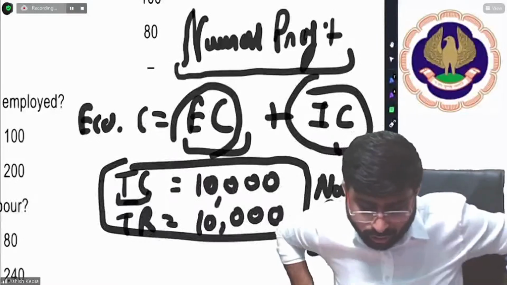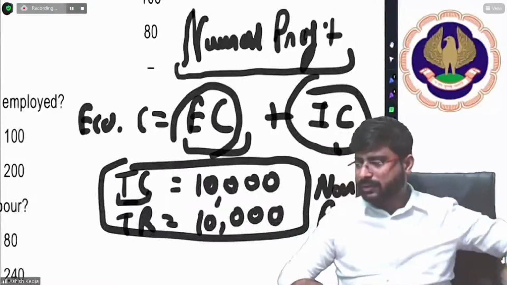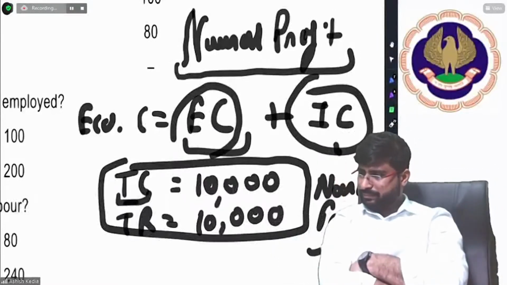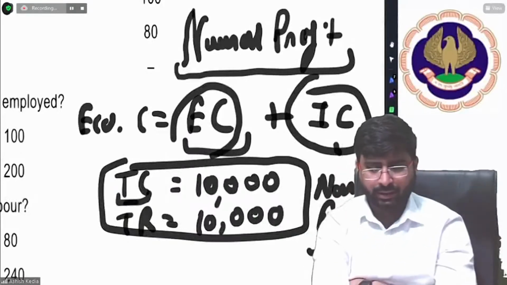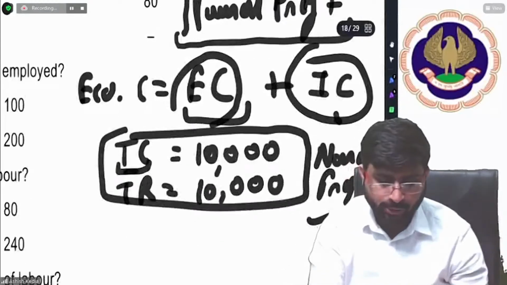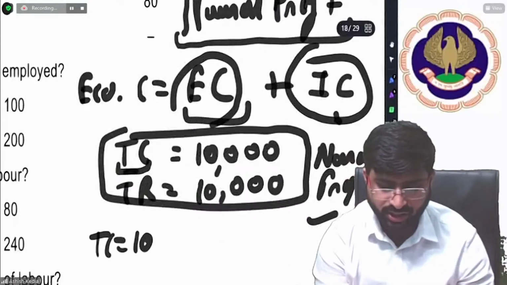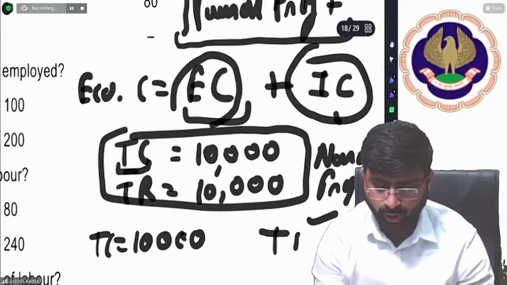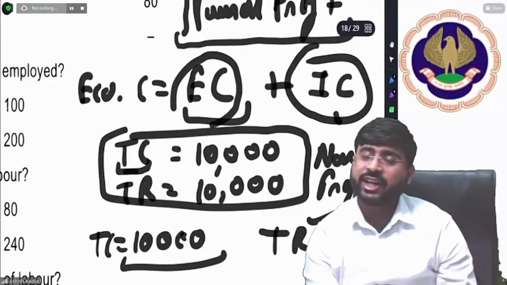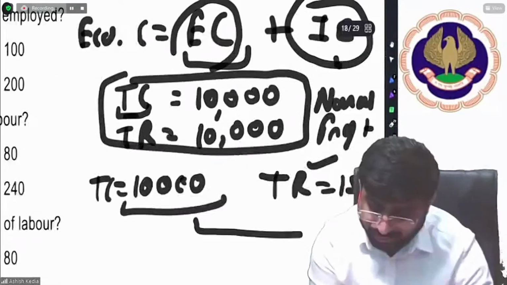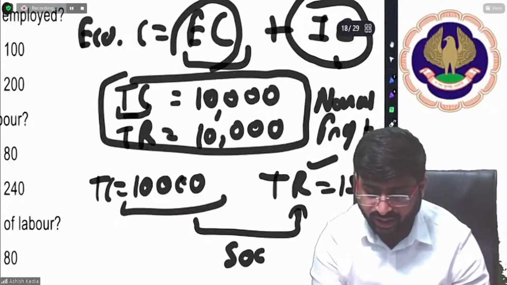Some of you asked what is normal profit, so I've explained that. Understood now? Okay. But suppose your total cost was 10,000 and your total revenue was 15,000. So you have recovered the total cost, explicit plus implicit, and above that you were able to generate 5,000 extra.